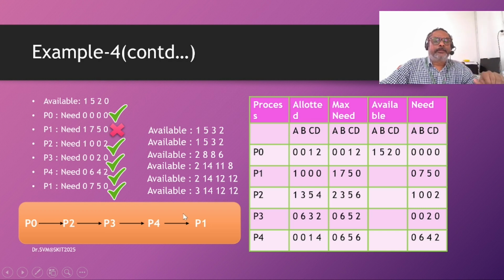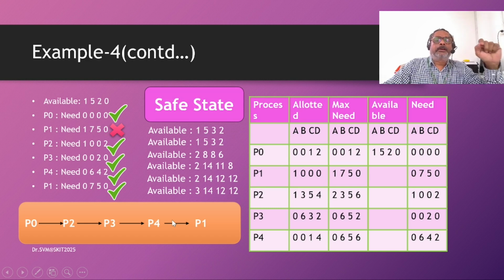So 5 processes were there. P0 is done, P1 is done, P2 is done, P3 is done, and P4 is done. That means all 5 are done. Therefore there is no chance of any deadlock situation. Hence we can claim that this is a safe state.